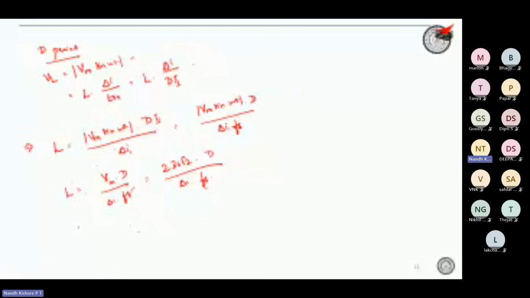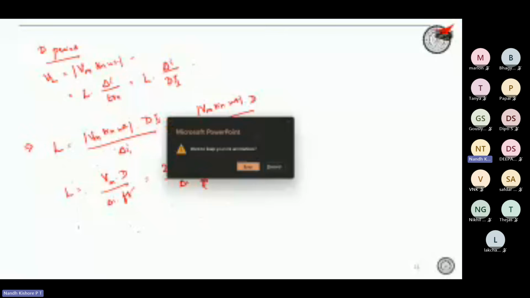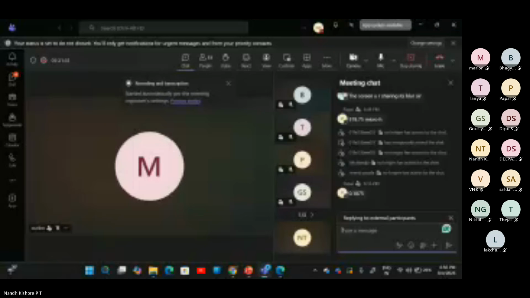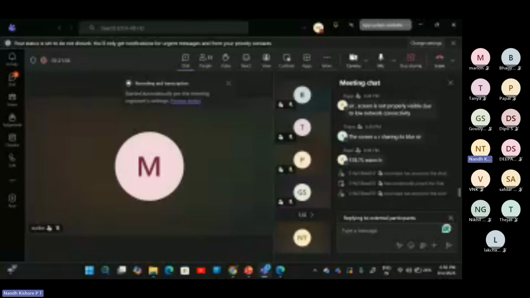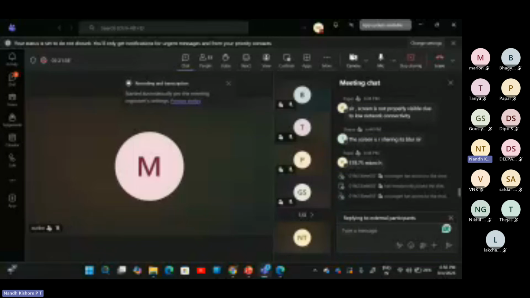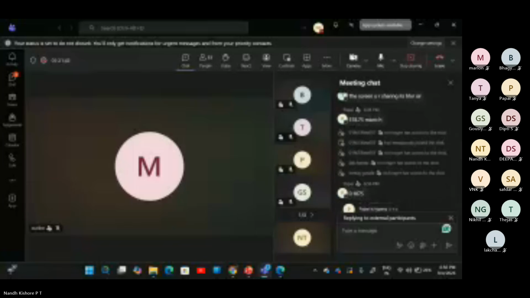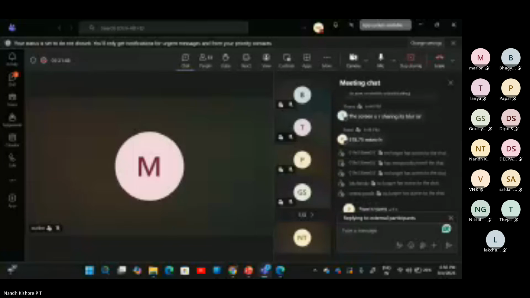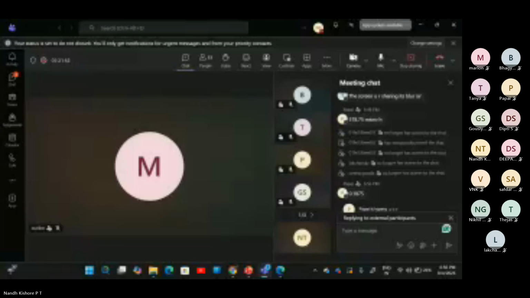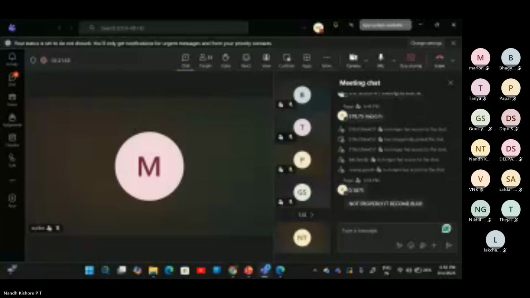So just hang on a second. I will bring my calculator. Oh, my screen is getting blurred. Are you able to see my screen or no? Oh, okay.